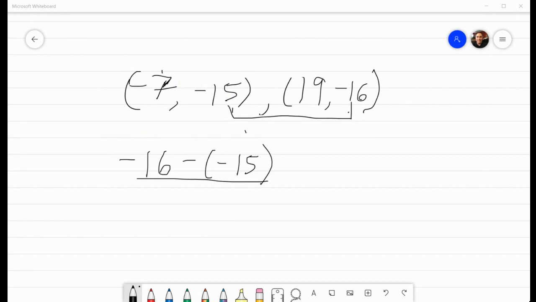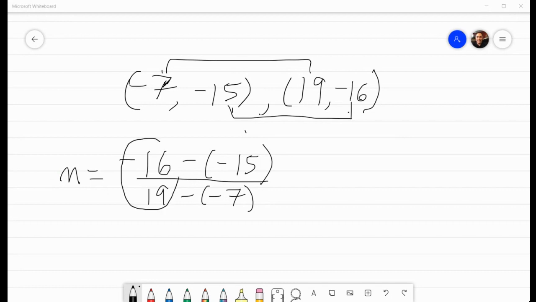Then I have to do 19 minus -7. Again, this is our m, which is our slope. What's happening here is coordinates for the same point are on top of each other. That's what we want. You know, 19 and -16, they're on top of each other, on the same side of the subtraction symbol.